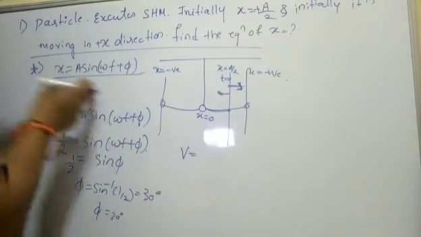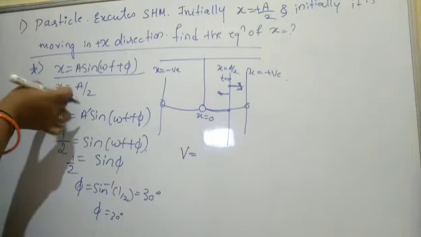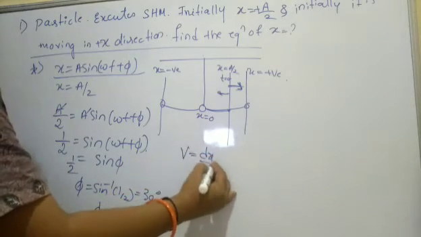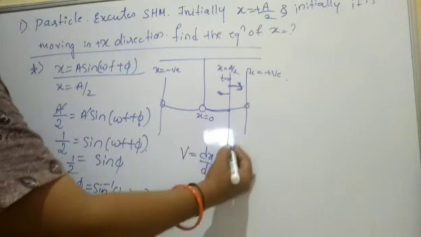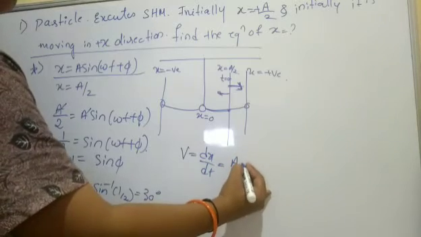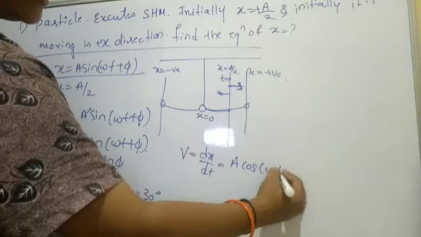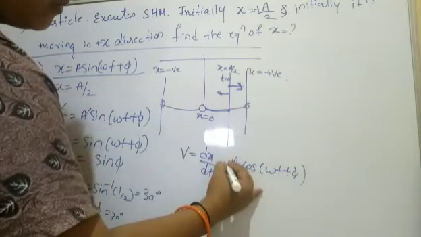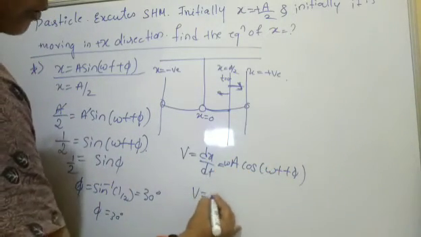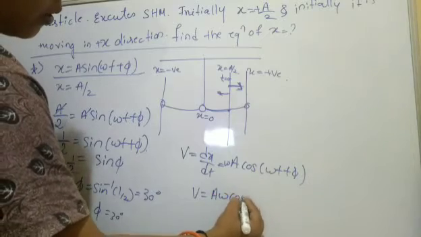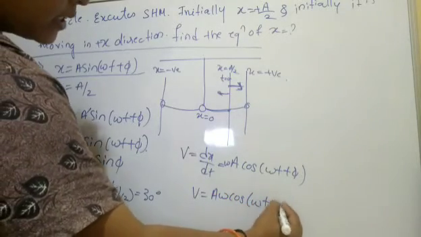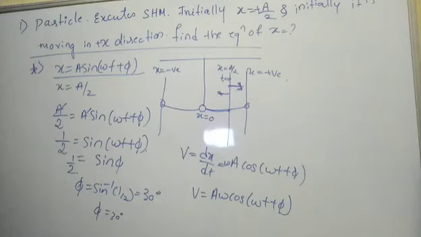As we know, taking the derivative of this equation, dx/dt is a cos(ωt + φ) times ω. So we know v = aω cos(ωt + φ), right?